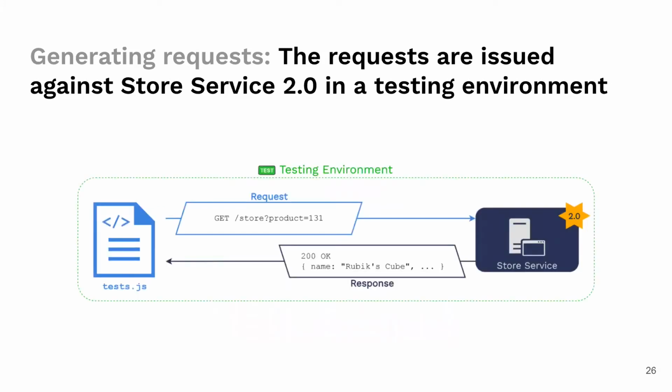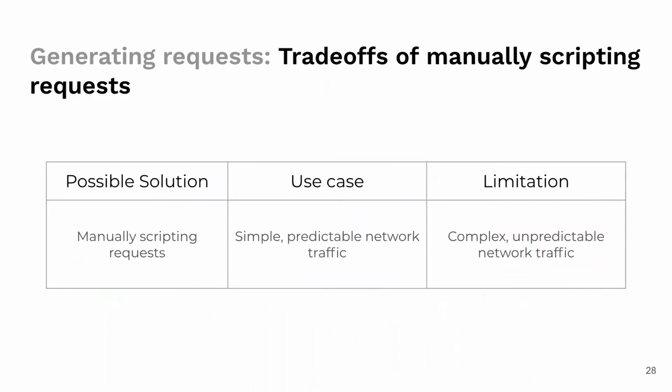Here's another way to represent what this type of testing looks like. The store service is spun up in the testing environment, the developer issues requests against it, and then compares the received response with the expected response. This approach is adequate for applications that have simple, predictable internal network traffic.